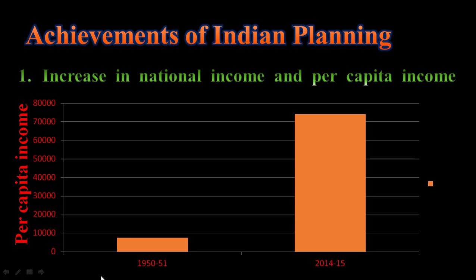It increased to 74,193 in 2014-15. These are tremendous changes, real progress, especially in national income and per capita income. It is one of the greatest achievements of our Indian planning.